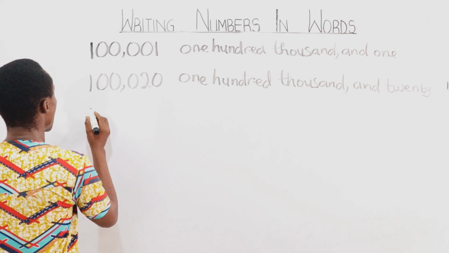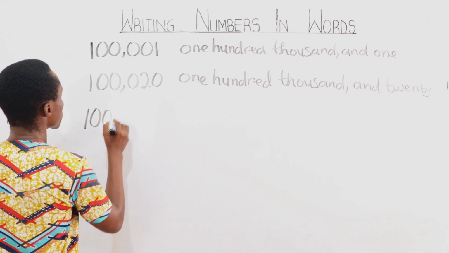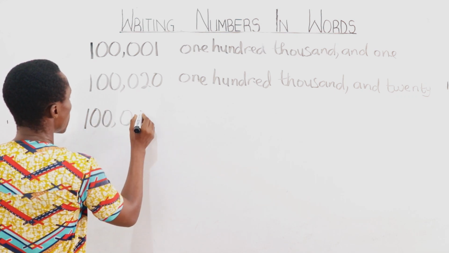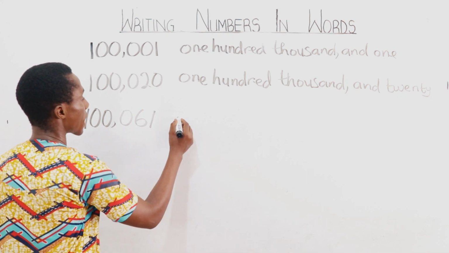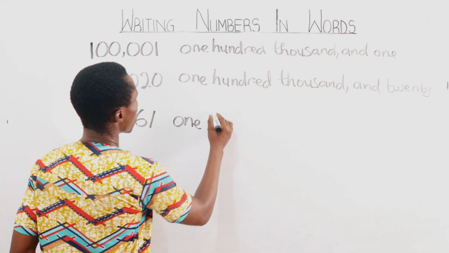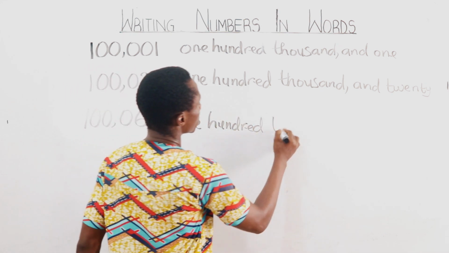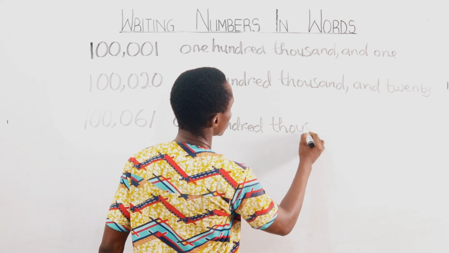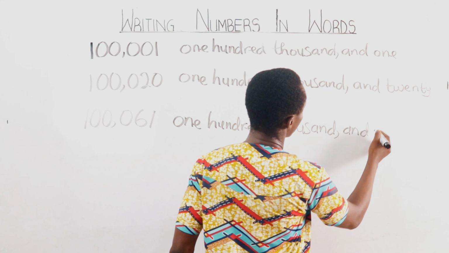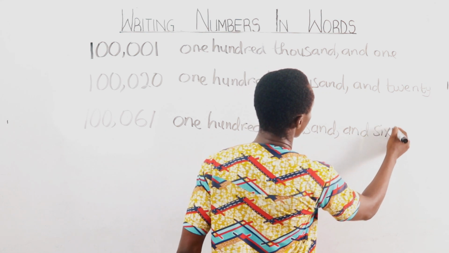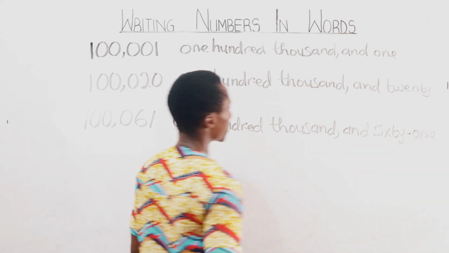So let's say we have 100,000 and 61, and that is 100,000 and 61.